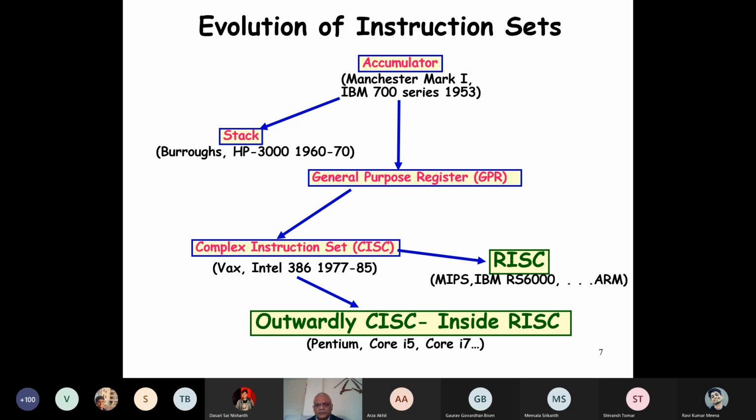So what do they do? Pentium, Core i5, i7, etc. They are outwardly CISC, inside RISC. That means the instruction set is still CISC, complex instruction set computer, but inside they translate the CISC into RISC in the hardware.